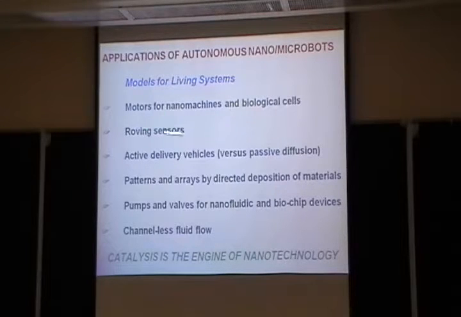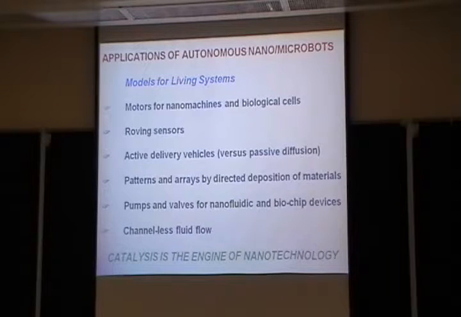So, there are some more practical reasons. You might want to have motors on nano machines, biological cells. You can think of roving sensors. Right now, most sensors stay in one place, wait for the analyte to come to them.